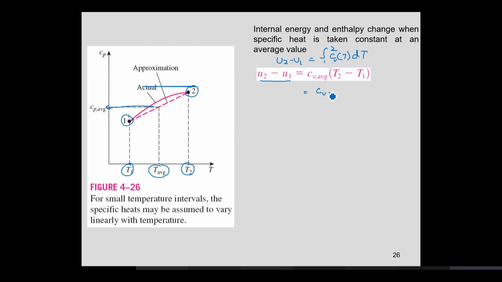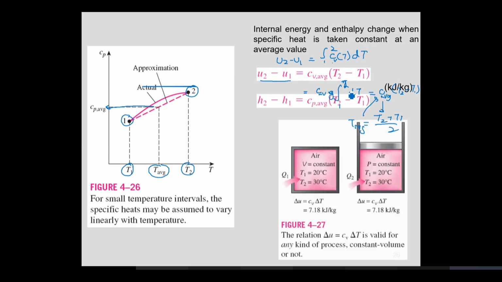So C average times the integral from 1 to 2 of dT is left. So this would essentially become C average times (T2 minus T1). And this average value is what? It is the value of C at (T2 plus T1) divided by 2. So this is the average temperature at which you take this average value. Similarly for Cp, again, these relationships are valid for any kind of process.